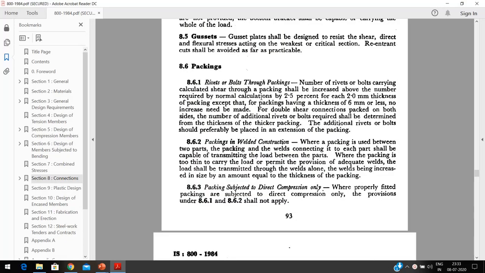The clause says the number of rivets or bolts carrying the calculated shear through the packing shall be increased above the number required by the normal calculation by 2.5% for each 2 mm thickness of the packing, except that for packing having a thickness of 6 mm or less, no increase need be made. So this is the particular clause for the extra rivets for packing.